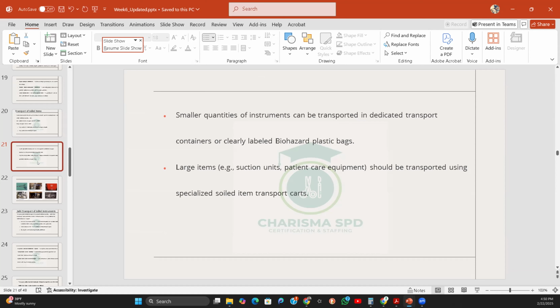All of these end users do not have instrumentation as voluminous as that of the OR. So they have bins or containers that are suitable to carry such smaller instrumentation to central sterile processing department for reprocessing. And most of the time, they are plastic in nature and they are red.